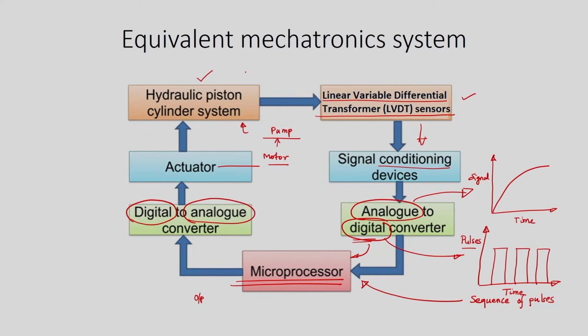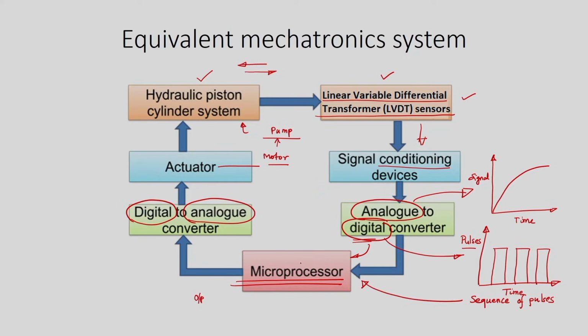So, it extends or contracts based upon a certain arrangement of motor, pump and a few other auxiliary equipment, and based on that it again generates certain signals at the linear variable differential transformer sensor. That sensor gives input to the microprocessor.